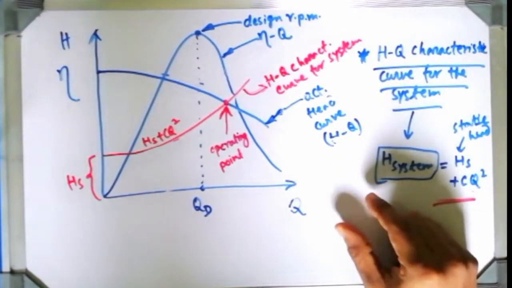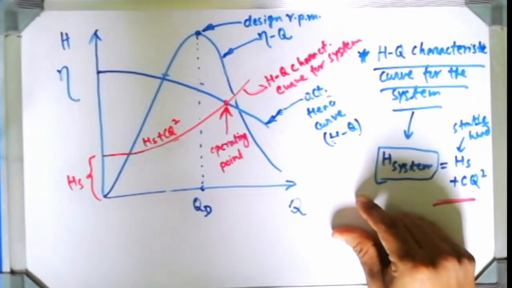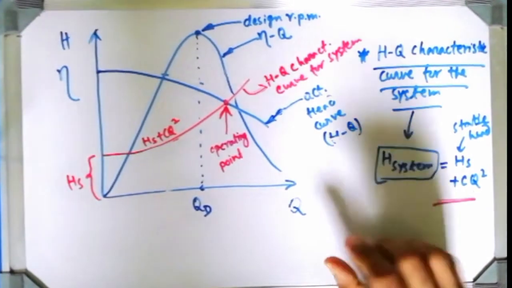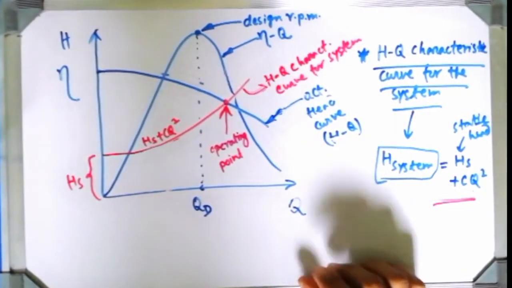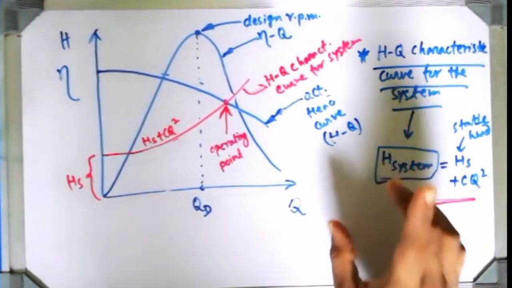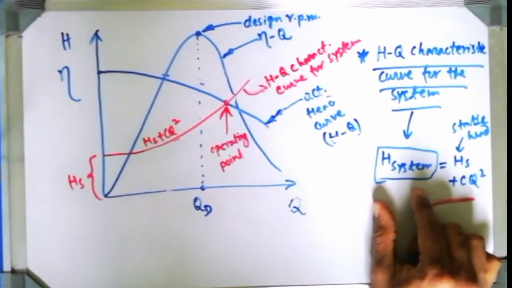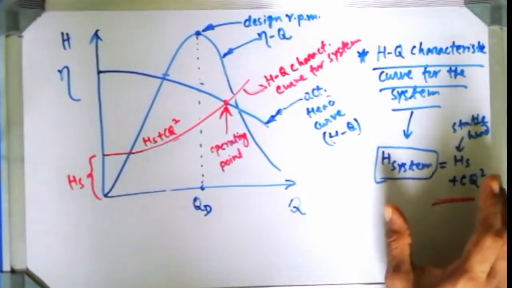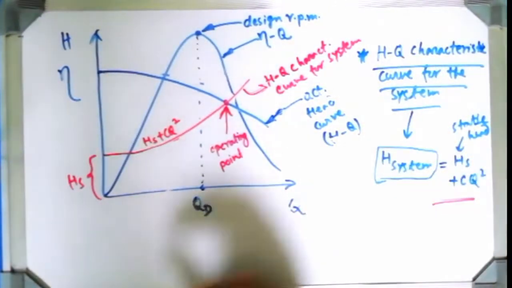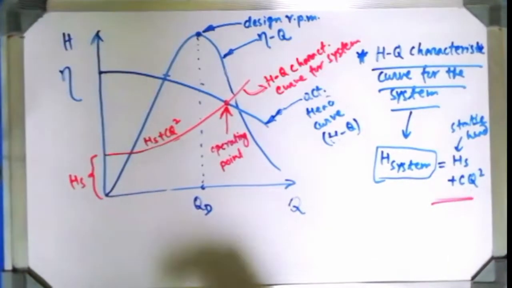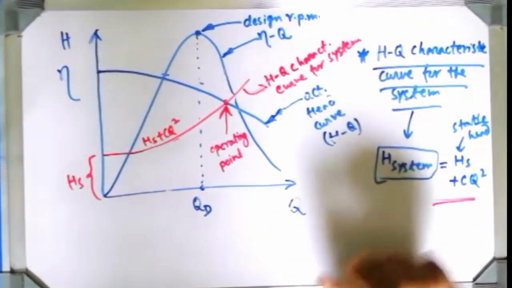Suppose in the suction pipeline one strainer will be there, one check valve will be there, elbow joints will be there; every fitting will have losses. That is the loss encountered over here. That H system is nothing but the losses due to the different kinds of fittings in the pipeline, like strainer, check valve, and bends.